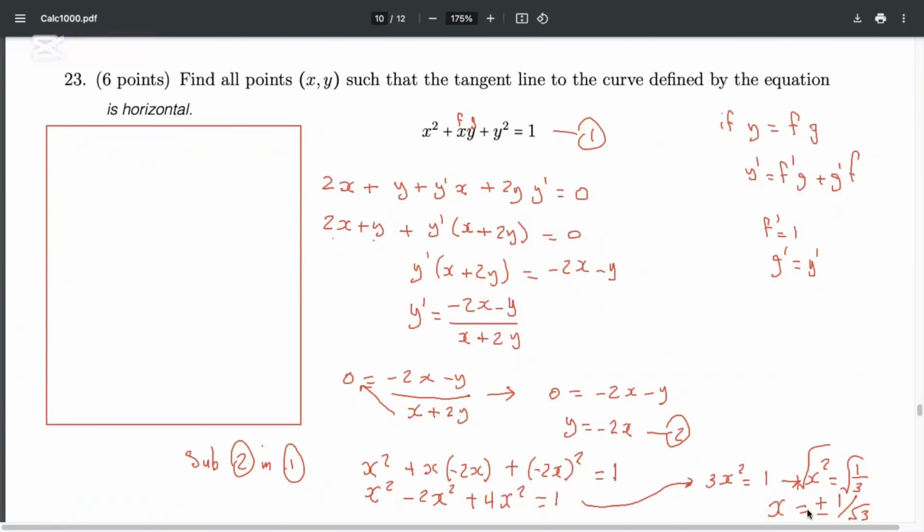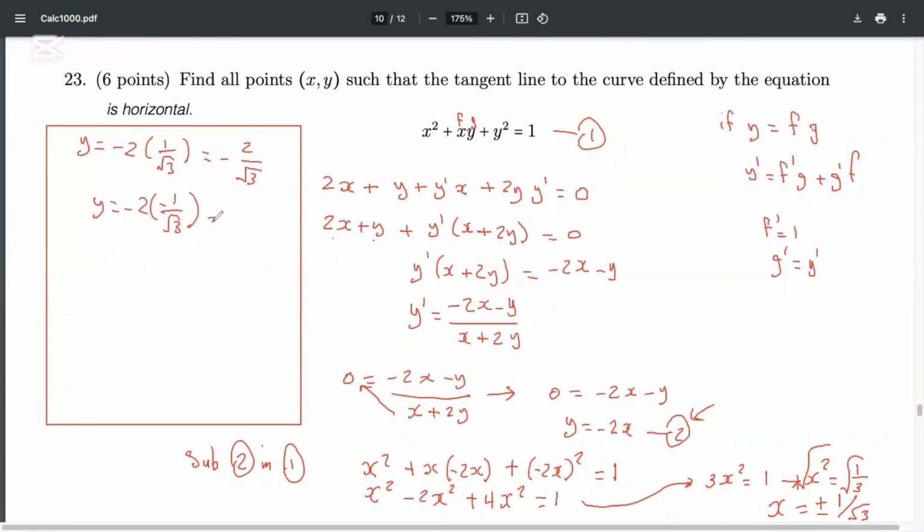And now, since we know what the x value is, I'm just going to take that and sub it in the number 2 equation here to find out what the y value is. So y equals negative 2 times 1 over root 3, and that's going to give me negative 2 over root 3. And also I'm going to sub in the negative 1 over root 3. So that's negative 2 times negative 1 over root 3.